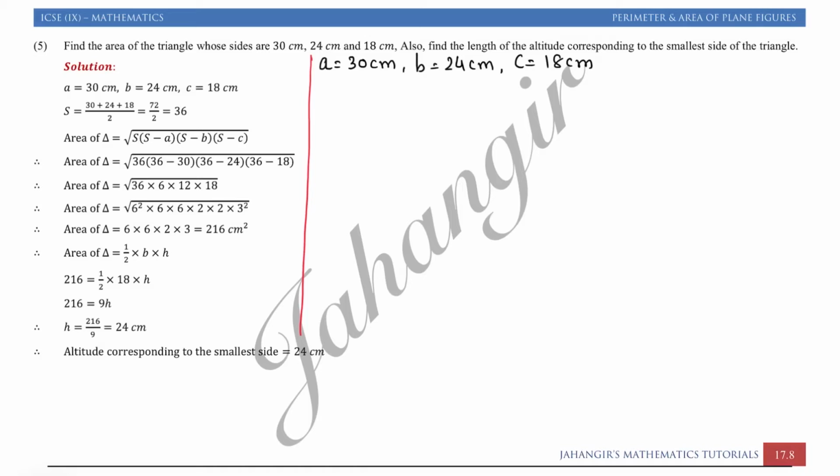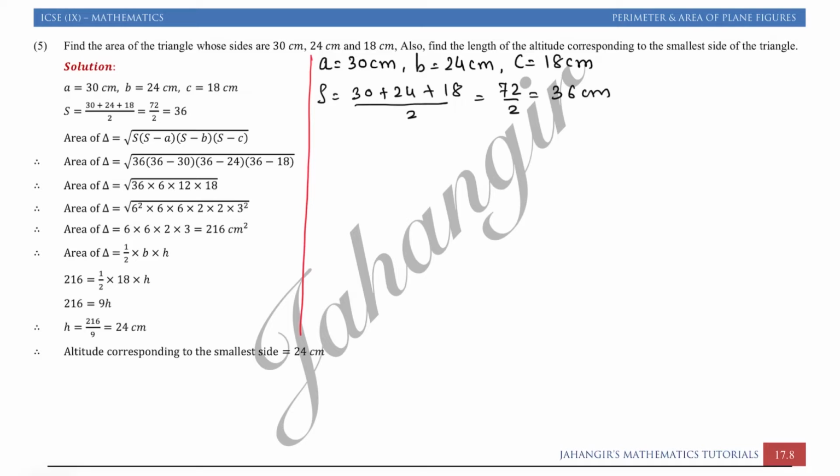Also find the length of the altitude corresponding to its smallest side. So we can first find the semi-perimeter, that is 30 plus 24 plus 18 divided by 2, 30, 54, 72 divided by 2, that is 36 centimeter.